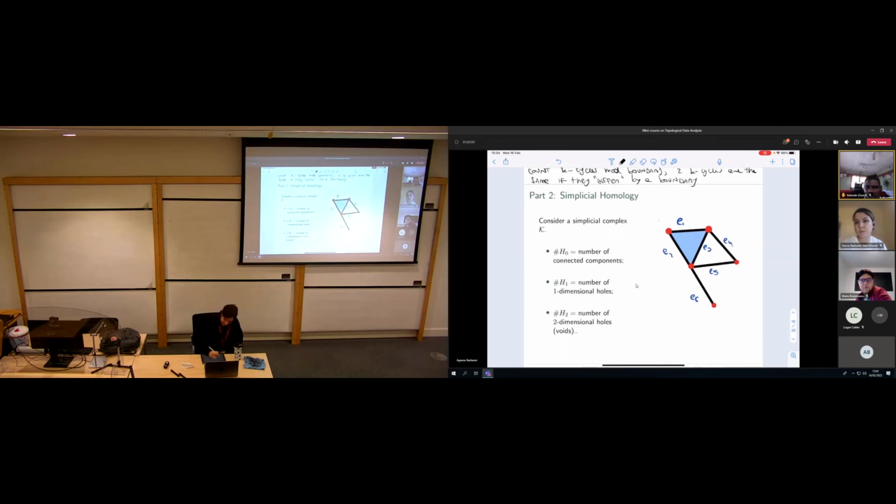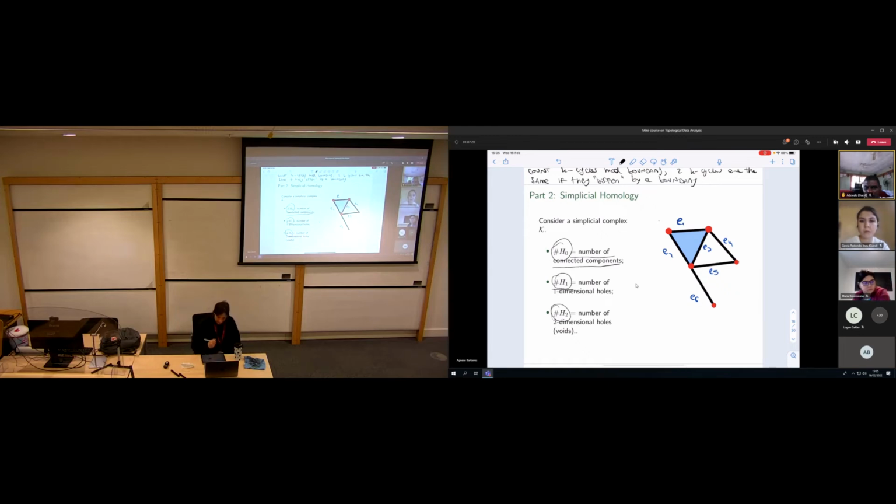I said at the beginning that we are really only going to look at dimensions 0, 1, and 2. You will have to believe me on that. I just want to tell you that the Betti number 0, so the cardinality of the zero-dimensional homology group of a simplicial complex, is equal to the number of connected components. So zero homology is a way to tell you how many separate pieces a space is made up of.